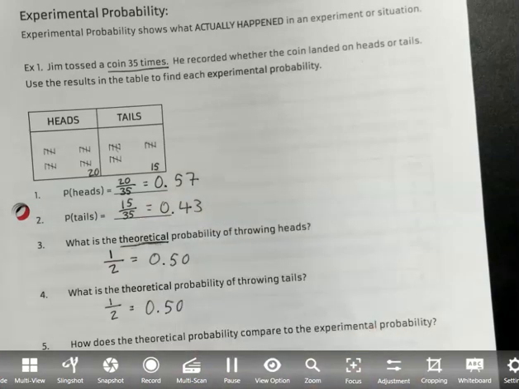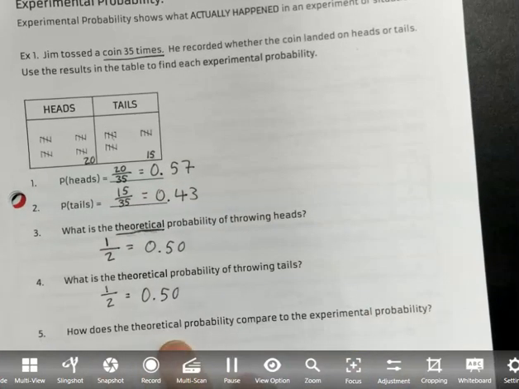All right, now let's actually compare these things. Okay, how does theoretical probability compare to experimental probability? Well, there's multiple things we could say about this, right?